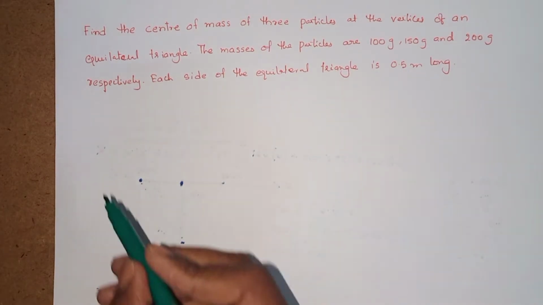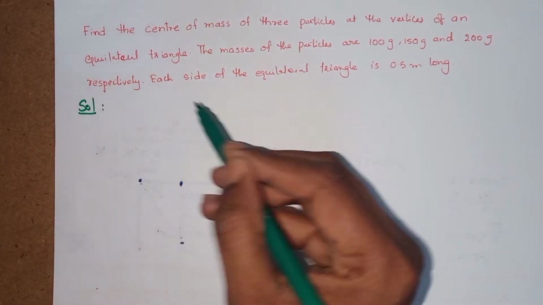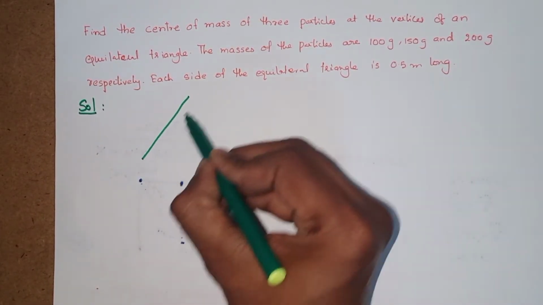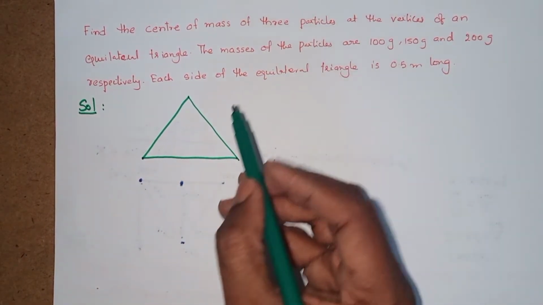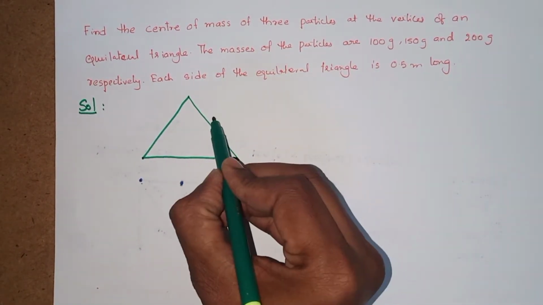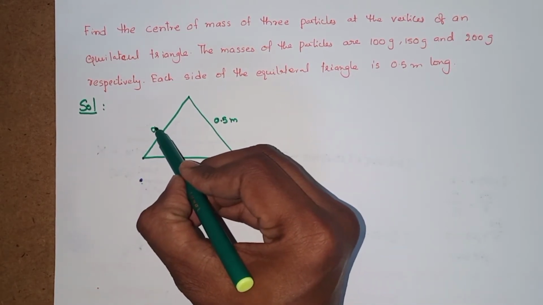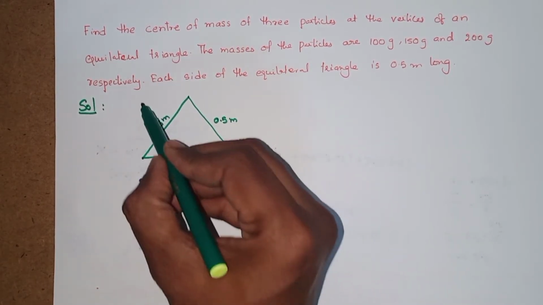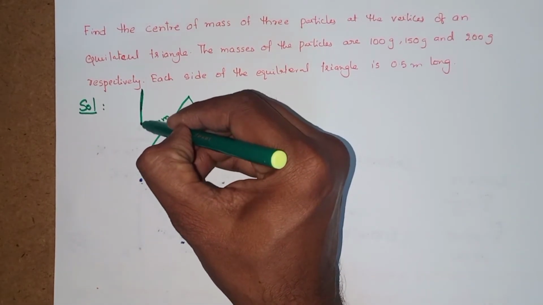First, we need to construct a picture. First, the triangle we need to construct. Each side is 0.5 meter, half meter long, and this has to be fixed in the frame of reference.